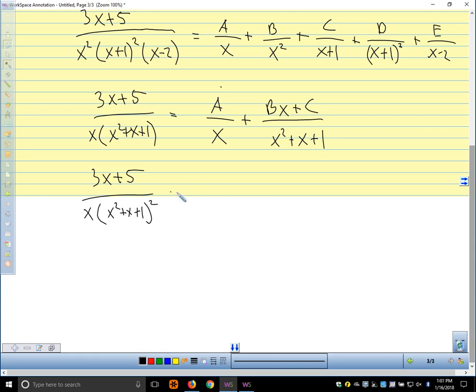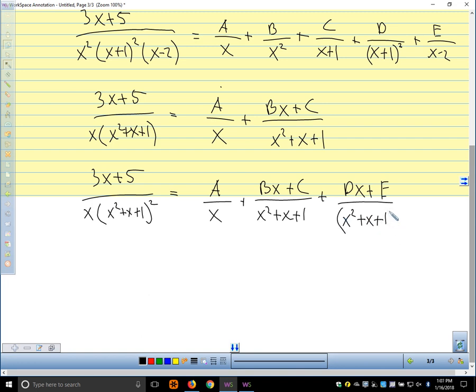We are going to need to include a partial fraction for the x, one with a linear numerator for the x squared plus x plus 1 denominator, plus a linear numerator and a quadratic denominator for the squared part. This one potentially would be kind of a messy problem, because then we have to figure out what A, B, C, D, and E are.